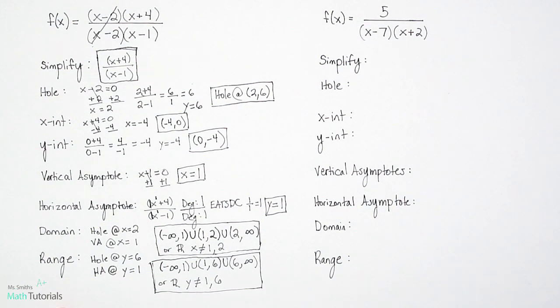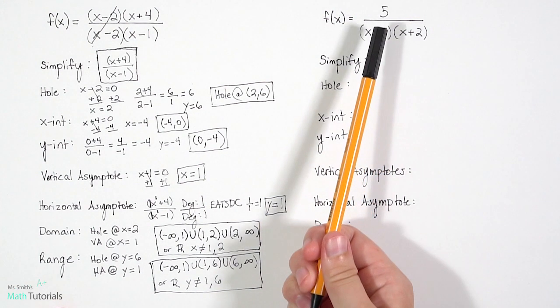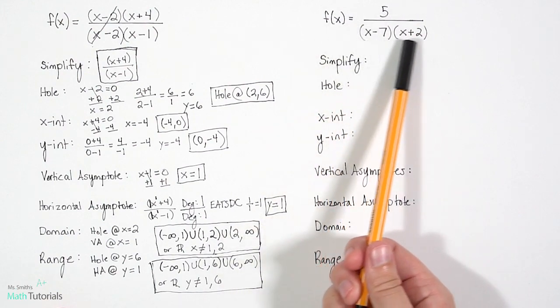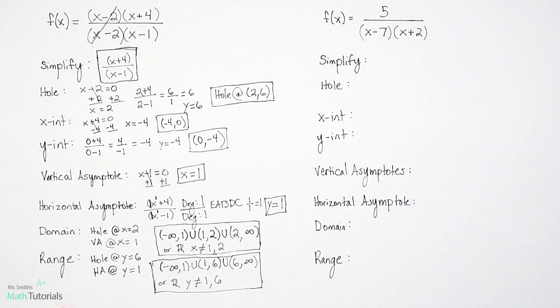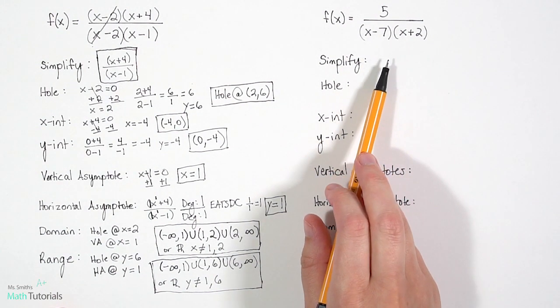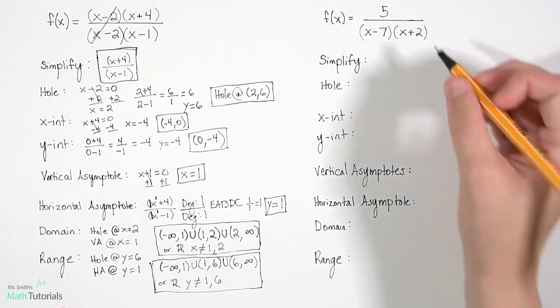So there's nothing for me to do factor-wise. As far as canceling any common factors, do I have anything that occurs in both the top and the bottom like we did here? And looking at this, no, there's no common factors. So in this case, the original version is our simplified version. There's no change there.